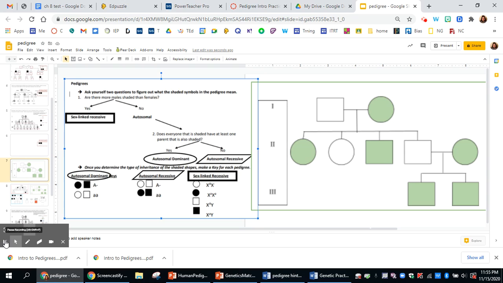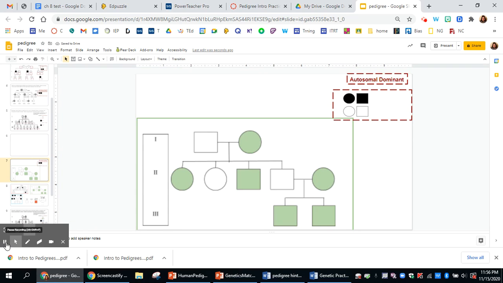So let's set up our key first. What I do to make my life easier as I'm identifying these things is I make a key. I know it's autosomal dominant, so I can put my circle and square together, the shaded and unshaded, and then I just need to write down what they stand for.